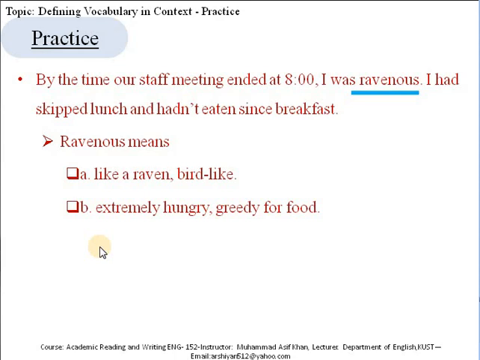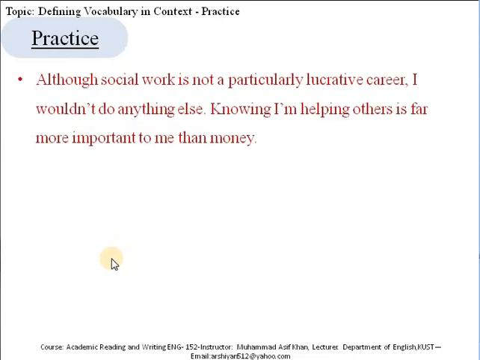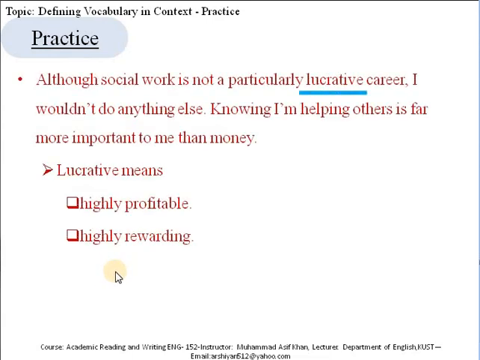And the third option is exhausted, ready for bed. Now let's move towards the answers, but you have to pause this video and you have to see that what options you select. And so you should read these very options and try to find the right choice, that what are the meanings of these very words, and afterward I will give you the answers.